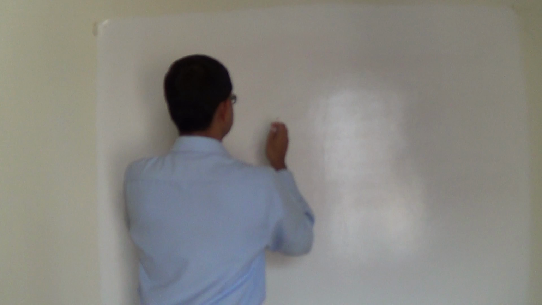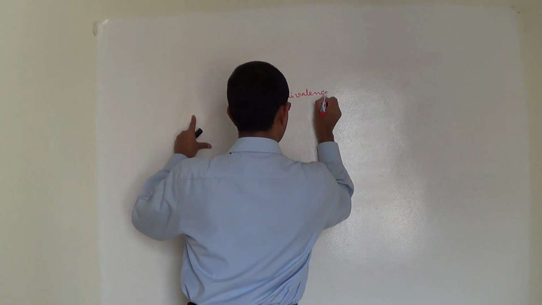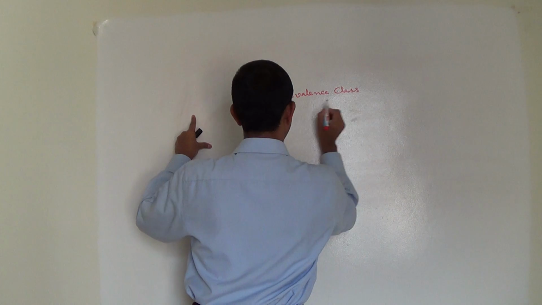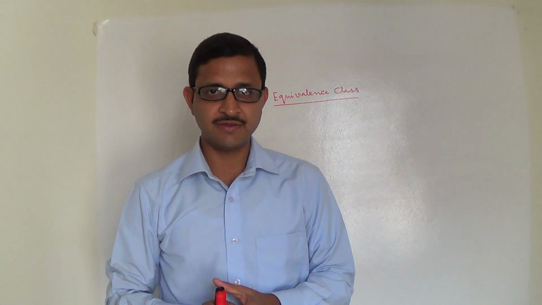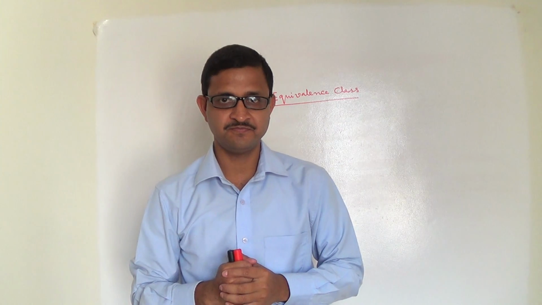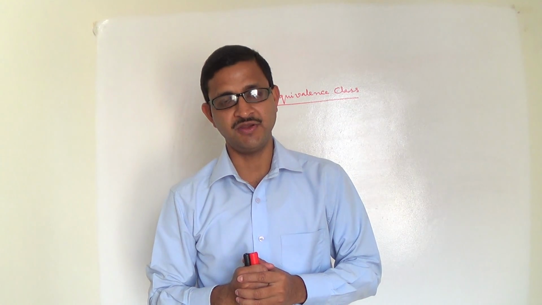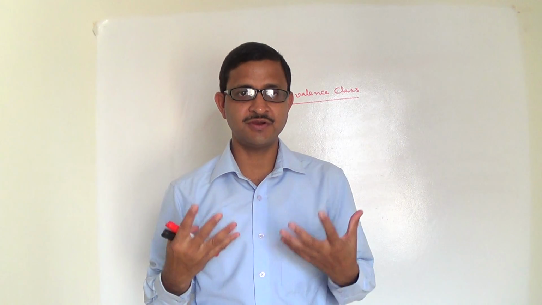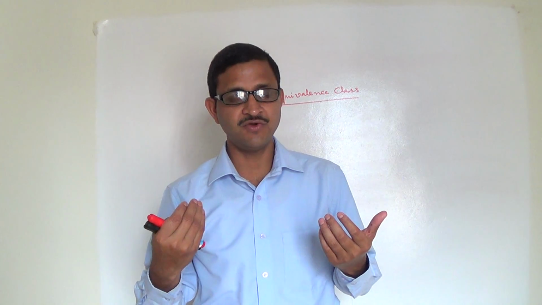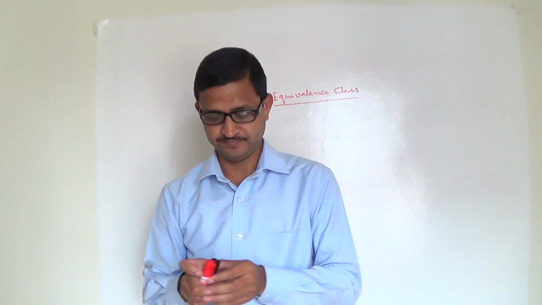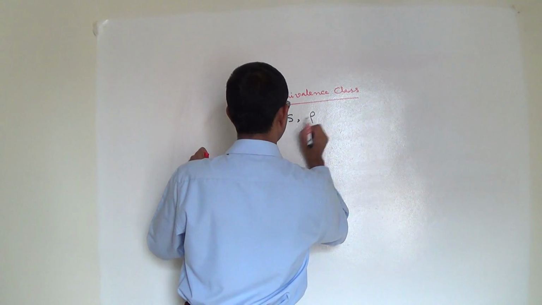Let us consider a set S and an equivalence relation rho defined on that set S. So these two are known to us: a set S, which is obviously a non-empty set, and an equivalence relation rho defined on that set.